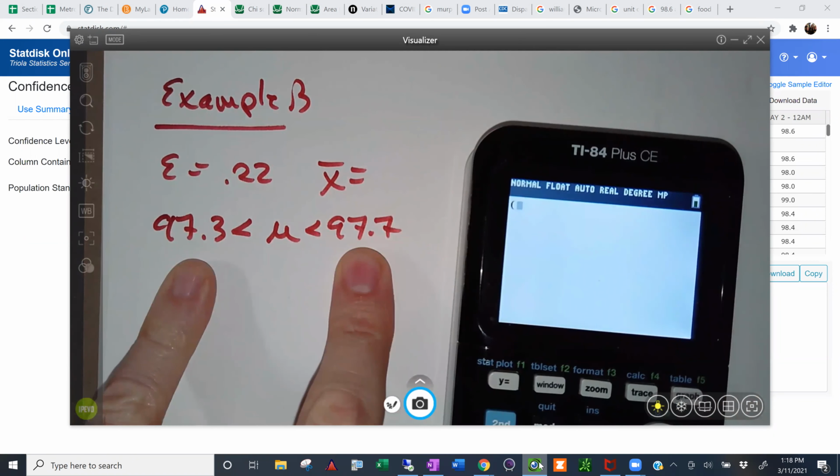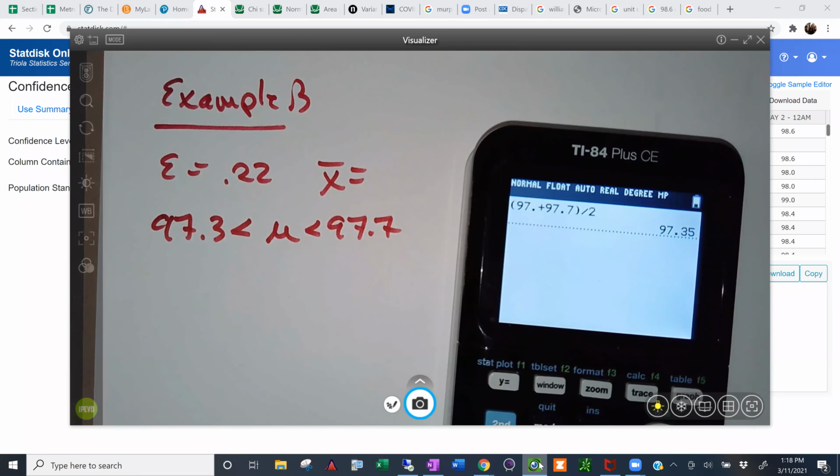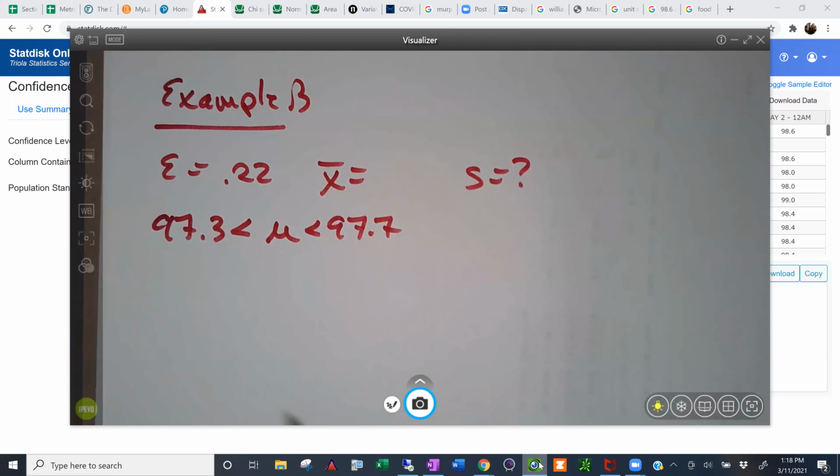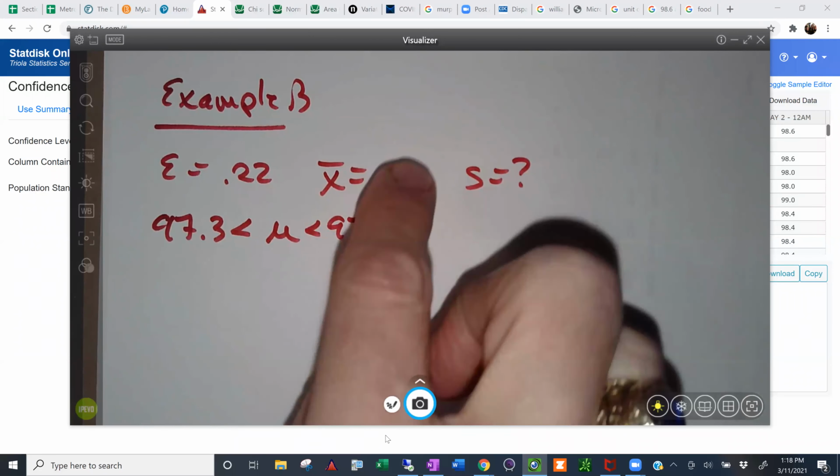So if I take 97.3 plus 97.7 and divide it by 2, I get 97.35. So that's X bar. But there's actually an easier way to do it than just that. Nonetheless, you should be able to find that if you need it.